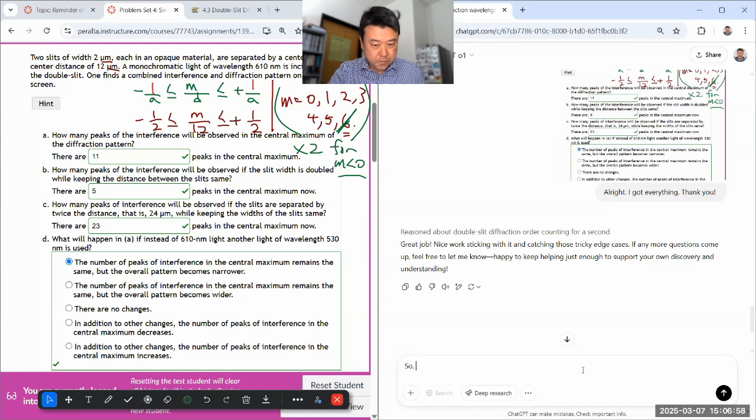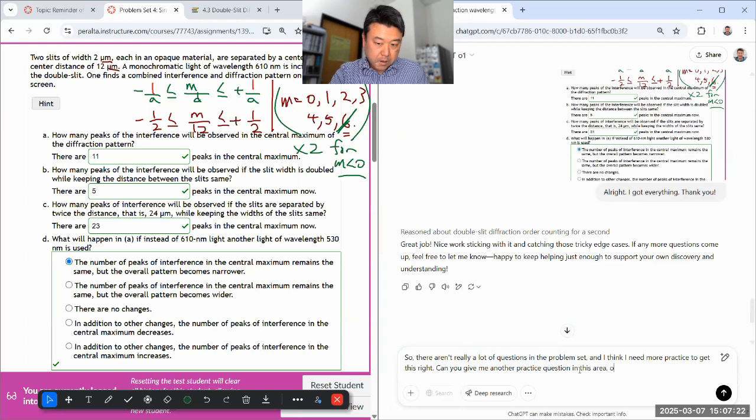There aren't really a lot of questions in the problem set, and I think I need more practice to get this right. Can you give me another practice question in this area of a similar difficulty?